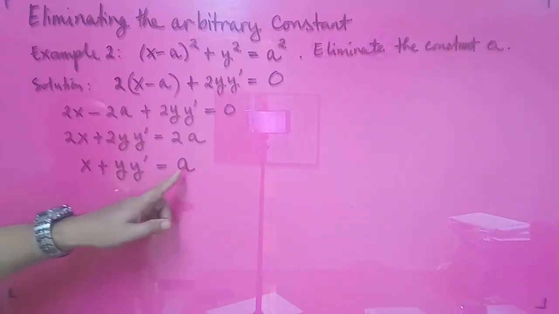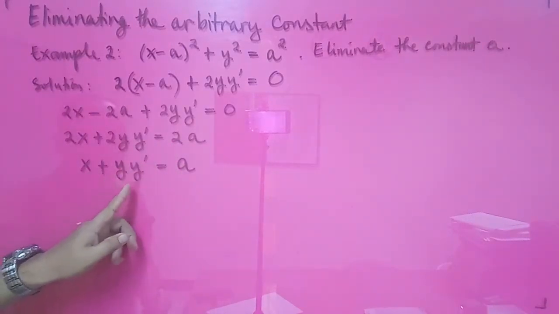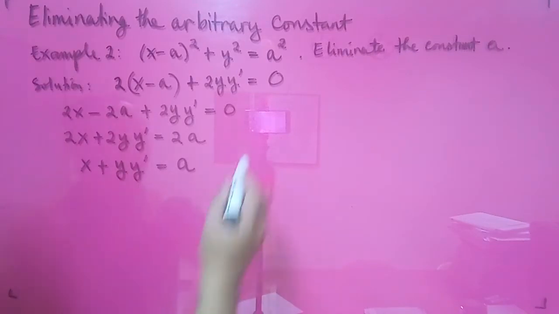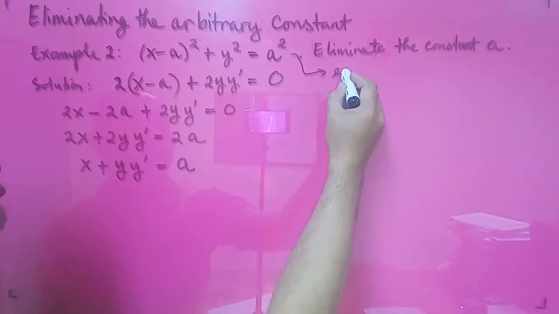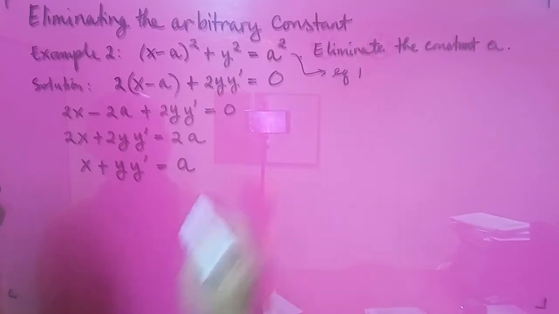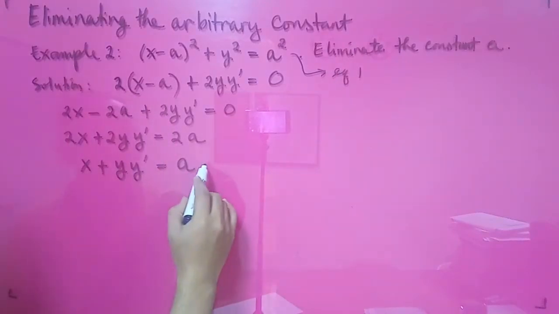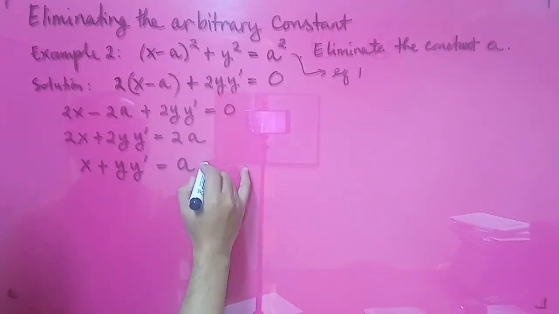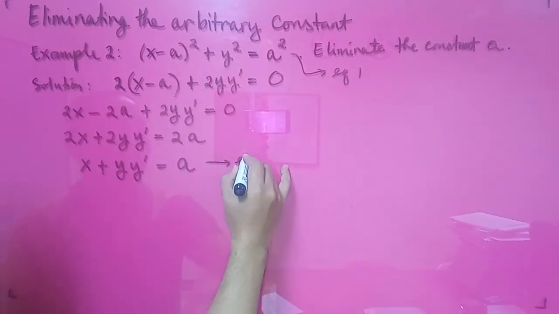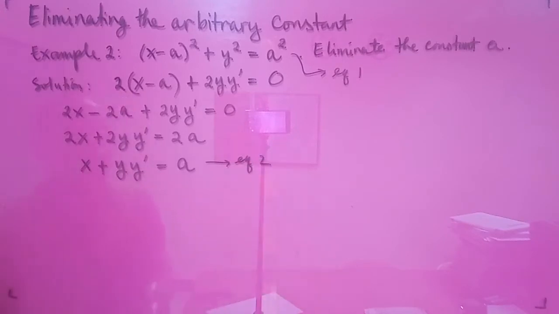So this is our a equals x plus y y'. Initially, our problem, we will call this one our equation 1. This time, after we take the first derivative, we will call this one our equation 2.